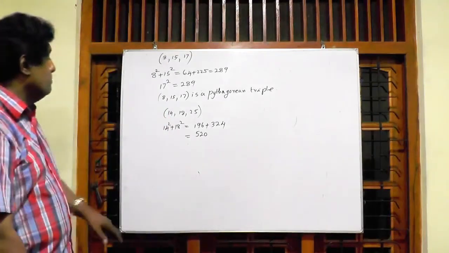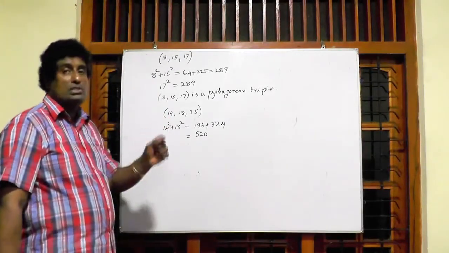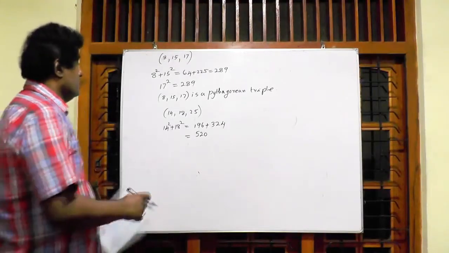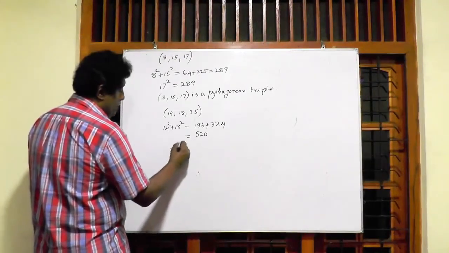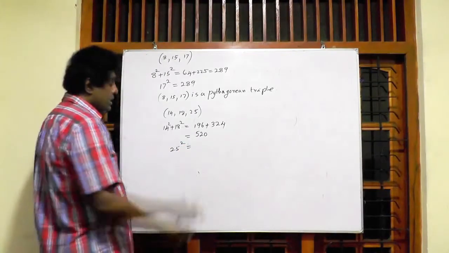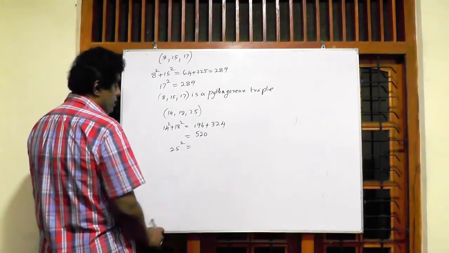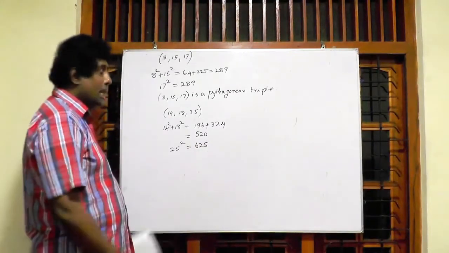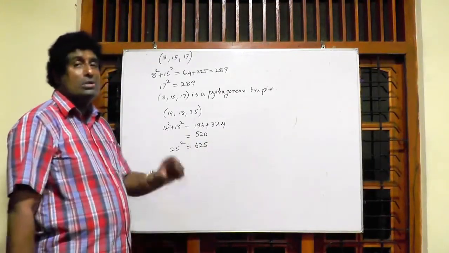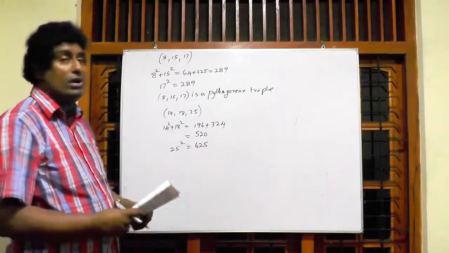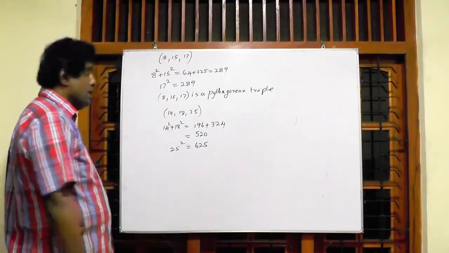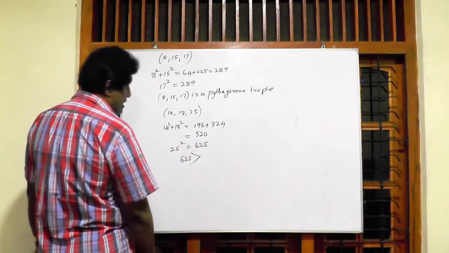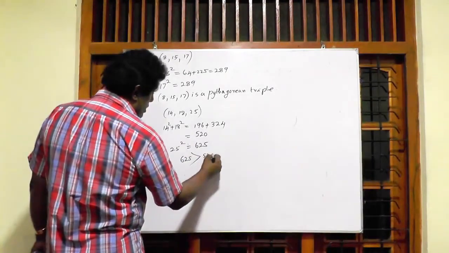Now you have to compare the value of 25 squared with 520. Actually, you know the value of 25 squared is 625. Are they equal values? No, they are not equal. 625 is unequal to 520, 625 is greater than 520.